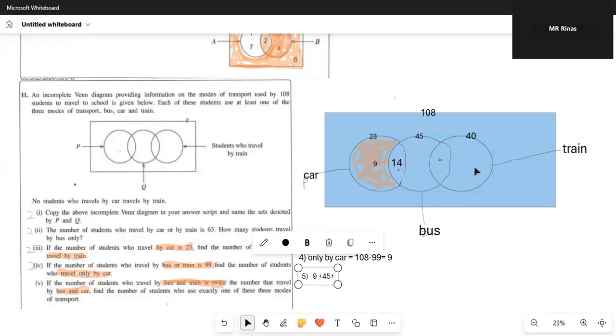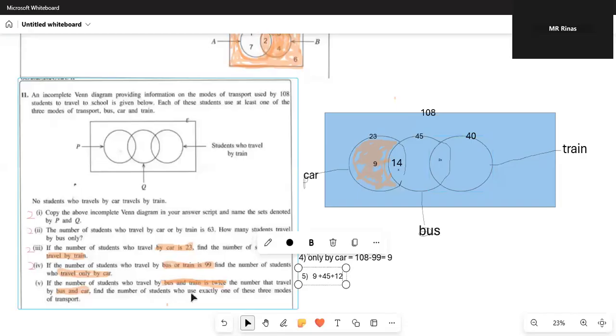Then this portion will be 12, right? 40 minus 28 is 12. So the students who use exactly one of these three modes, they use three modes of transport.